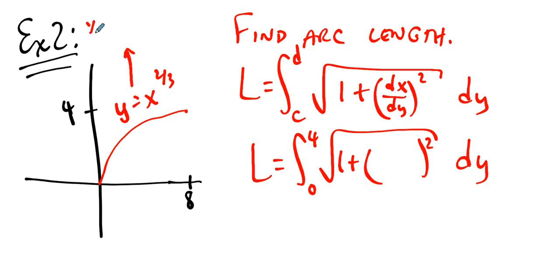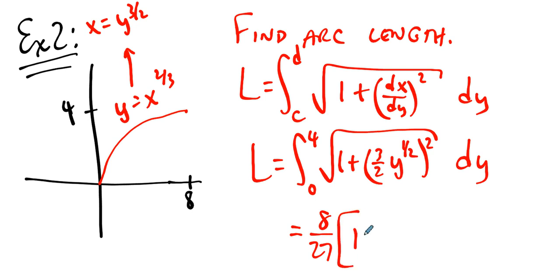Well, x is y to the 3/2, so dx dy is 3/2 y to the 1/2. This turns out to be a similar integral to the one we just did, and for reasons that you can confirm, it turns into this nice number.